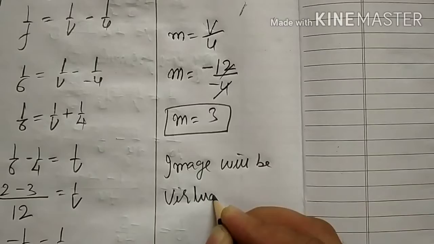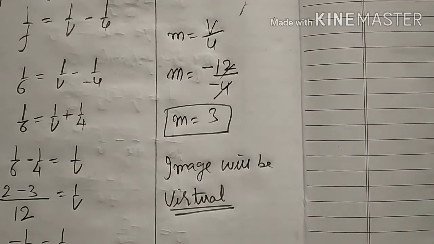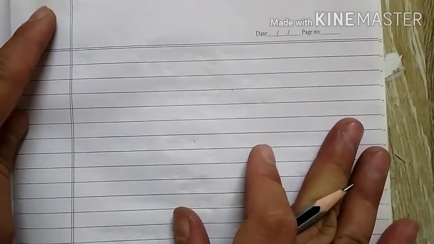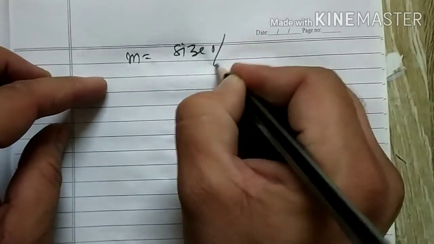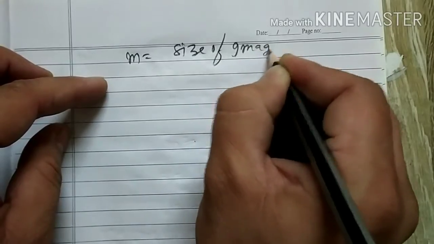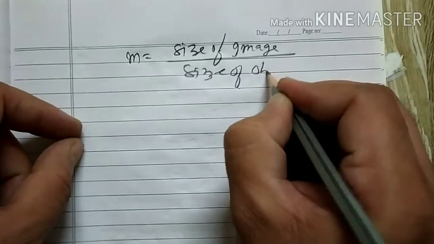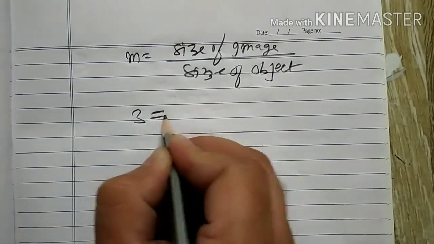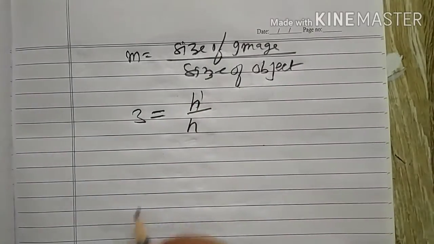Now we want to find out the size of the image. To find the size of the image, we will apply the magnification formula. What's the formula? m equals size of image upon size of object. The magnification is coming 3. Size of image I am taking as h dash and size of object as h.